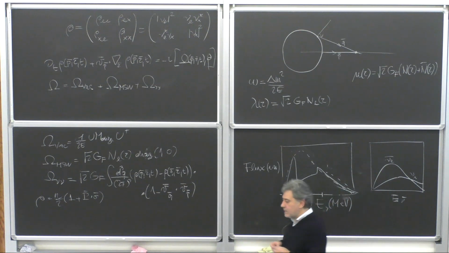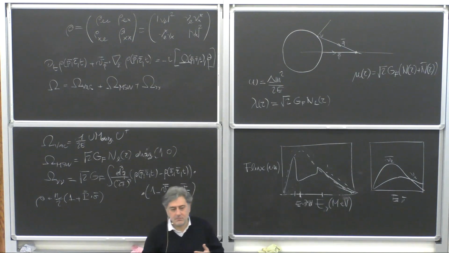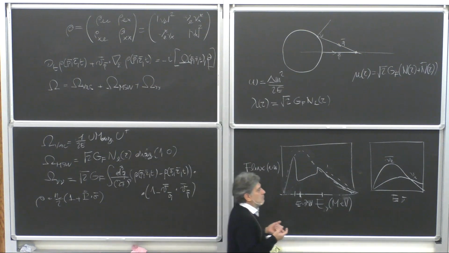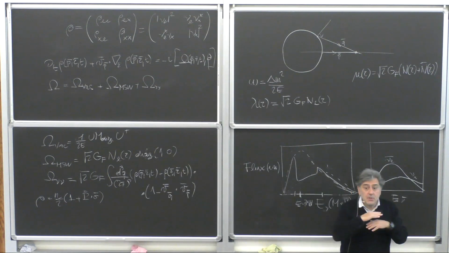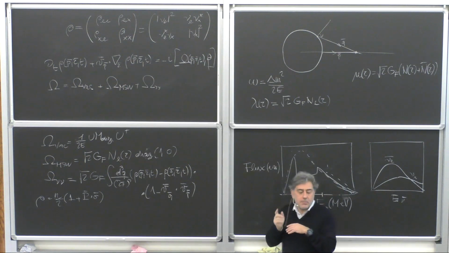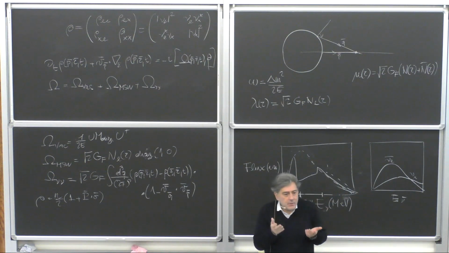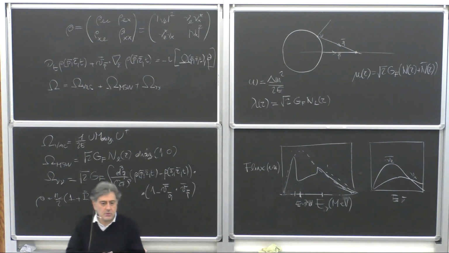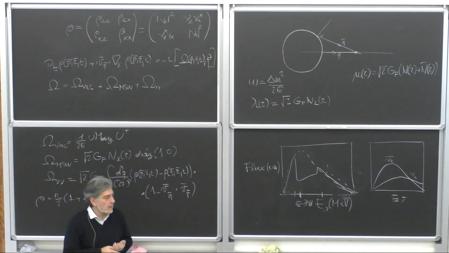But then, if you start to introduce perturbations, meaning the emission is not isotropic. Actually, 3D simulations tell you that the emission is not isotropic.